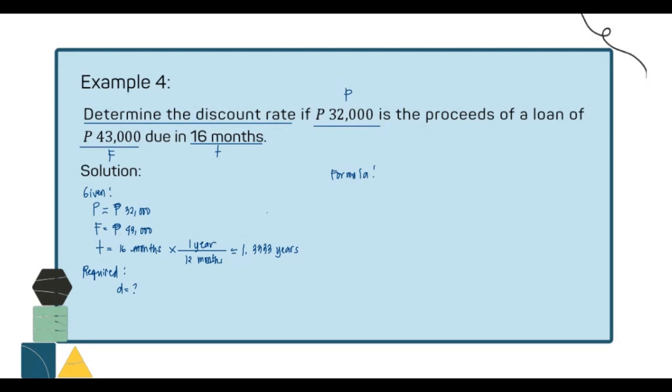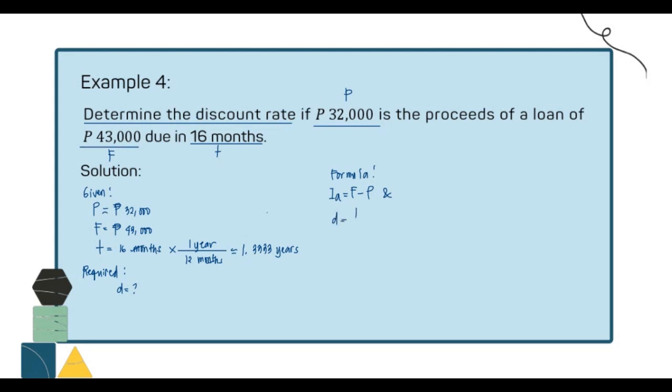So let's try to do that first. The formula we could use is I sub A is equal to F minus P, and then the formula for not T but D, because that is the value we are looking for.